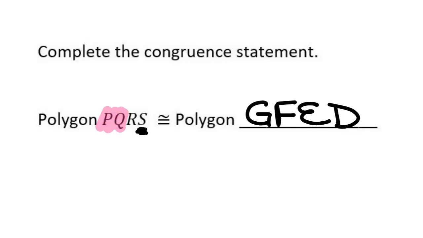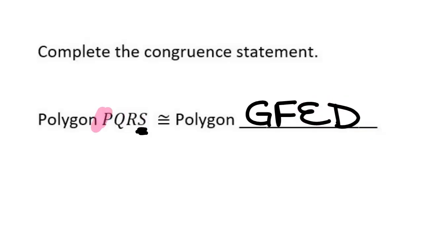So I have PQ and GF. PQ and GF. So I'm good there. Then I'm going to do the middle 2 letters, QR and FE. QR and FE right here. Last 2 letters, RS and ED. RS and ED are corresponding and congruent.